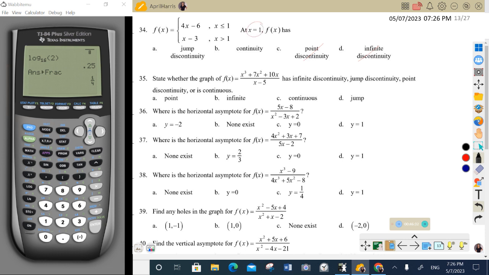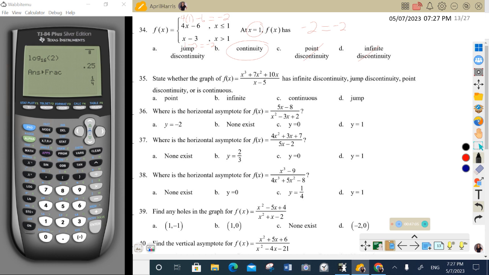If I plug 1 into the first equation, 4 times 1 minus 6, I get negative 2. If I plug it into the second equation, 1 minus 3, I get negative 2. Since negative 2 is equal to negative 2, that when x is 1, y is negative 2 for both equations, we're piecing them together at the same point, therefore the graph is continuous. If one of those y values had been like negative 3 or positive 12, then you would have jump discontinuity.